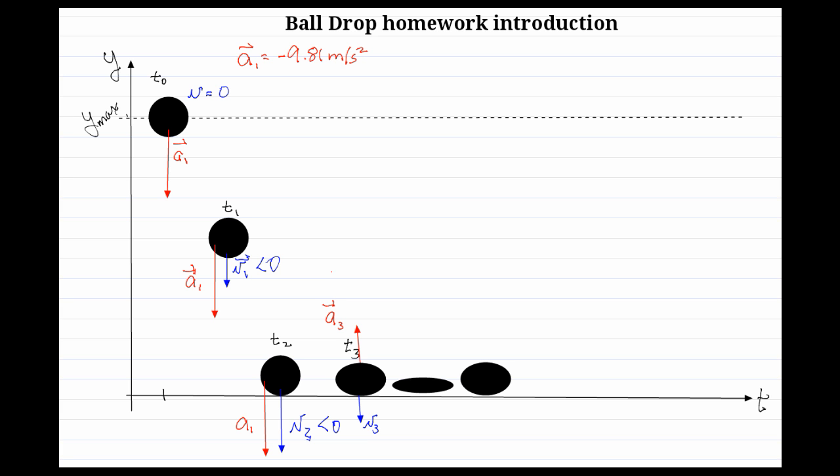Well, the only thing we know is that A3 has to be positive, and it's upwards. It's positive because the acceleration is in the positive y direction, but remember the velocity is in the negative y direction.